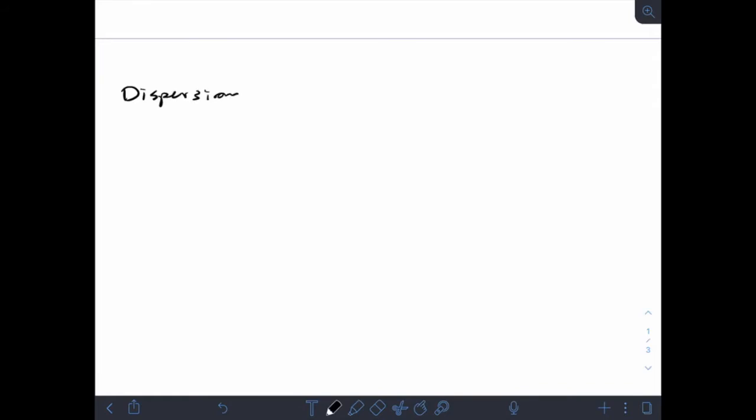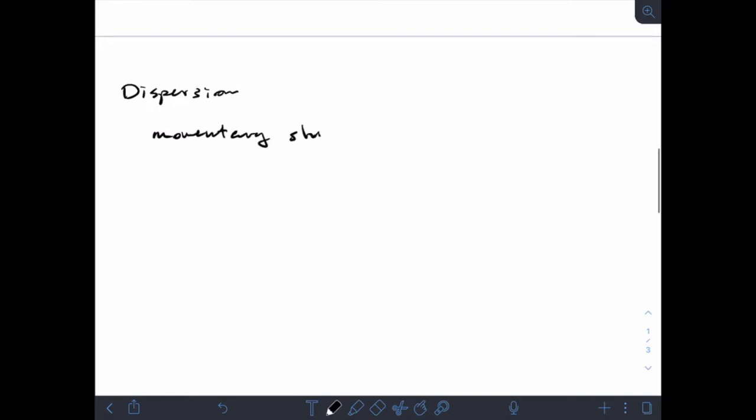Okay, so dispersion forces are quite simply momentary shifts in electron clouds. Okay, and the important part about that is that they are momentary, which means they are temporary attractions.